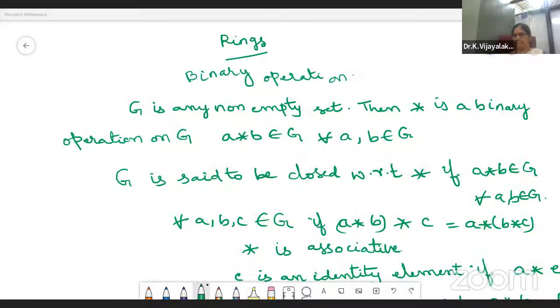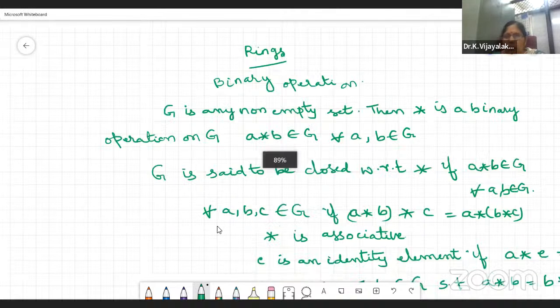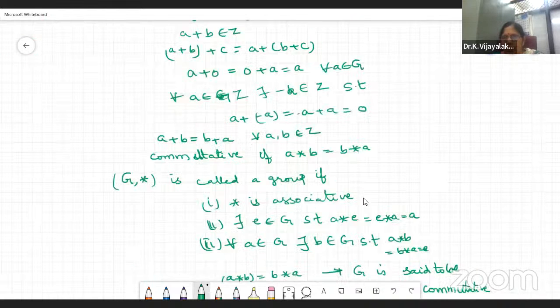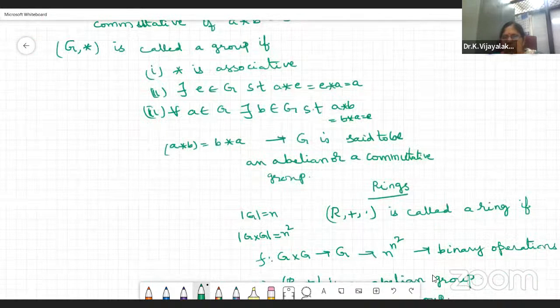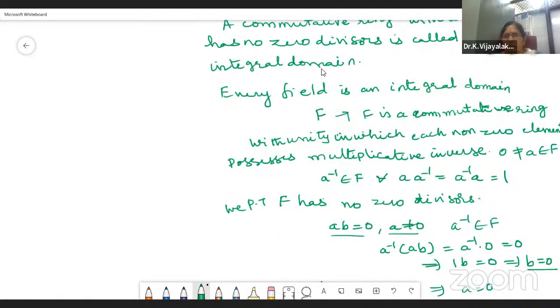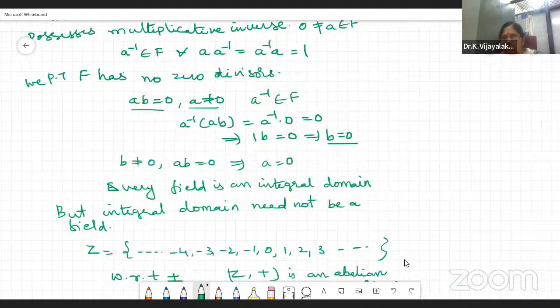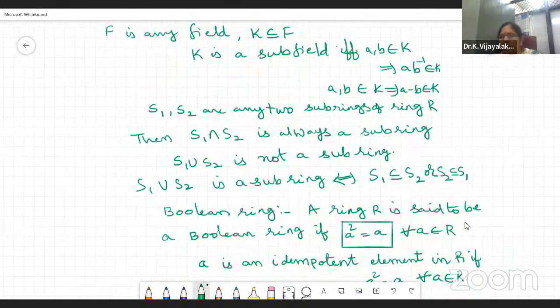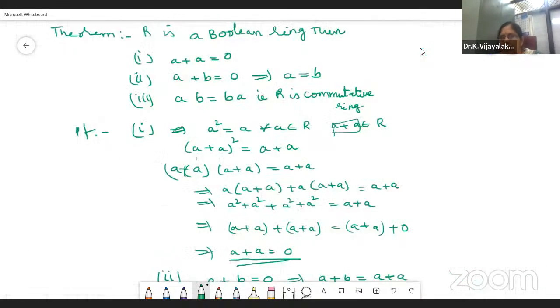Now? Yes, madam. See here, actually you have not seen from the beginning, no? I started with the binary composition and I have defined the group and then rings, subrings, subfields, ideals, Boolean rings.